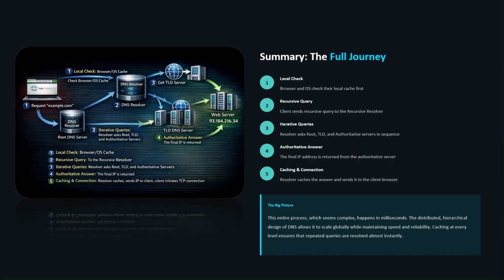And 5. Caching and connection, where the answer is stored and the browser finally initiates the TCP connection. This entire process, which seems so complex, often happens in milliseconds, making the internet feel instantaneous.